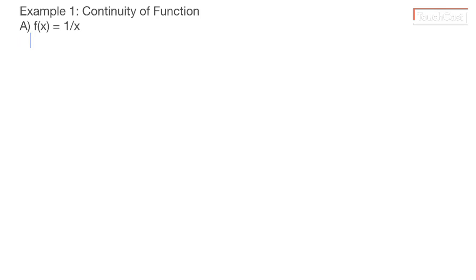How we're going to determine if this function is continuous or not is we're going to look at the domain of the function. And in this case, the domain of our function f is all non-zero real numbers. Because if we used 0, we would have a denominator of 0, and we can't divide by 0.